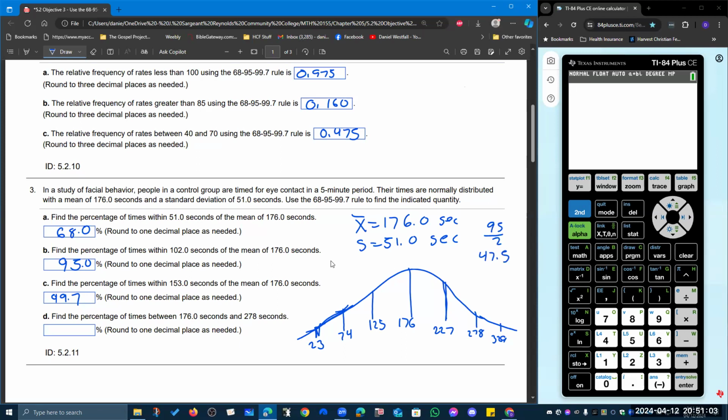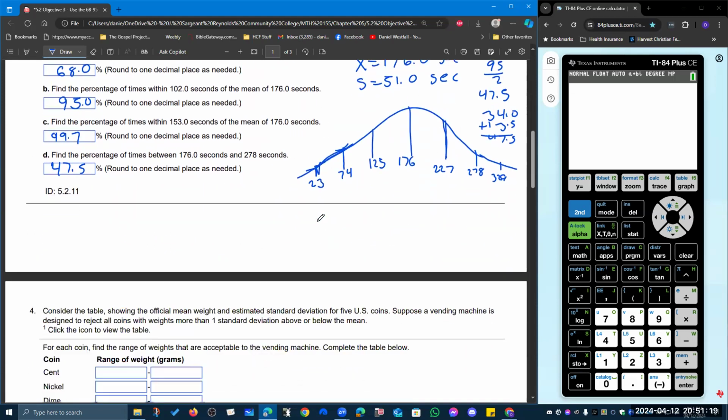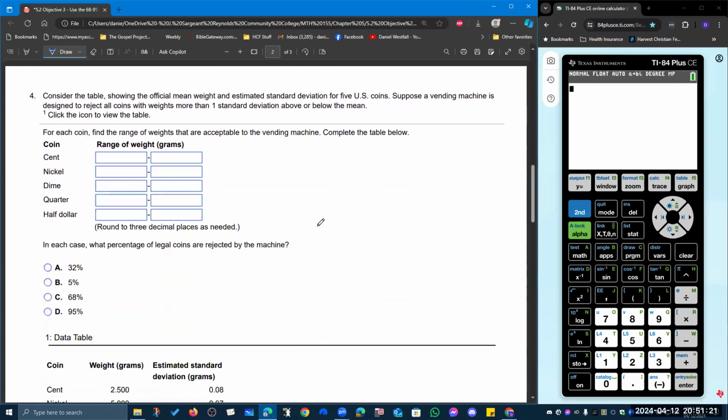I could also get that with my 34 plus my 13.5, which would also give me 47.5, two different ways to get that. And that's it. Let's go on to the next problem.